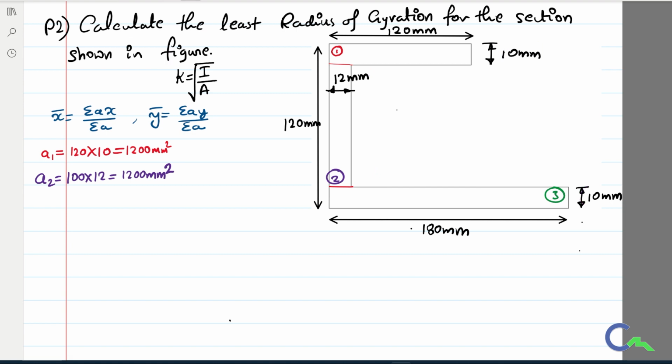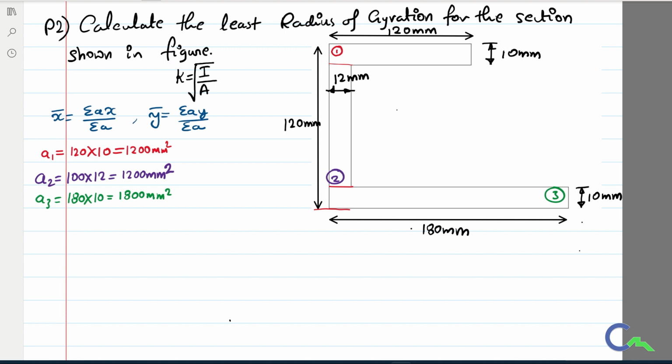If you come to the third figure, I will call it A3. That is 180 into the thickness of that particular section, that is 10 mm, therefore 1800 mm square. To locate the centroid, first we want a reference axis.